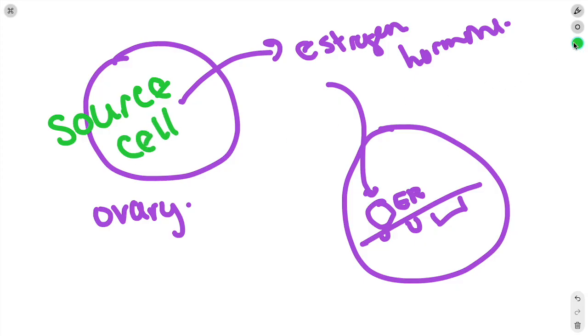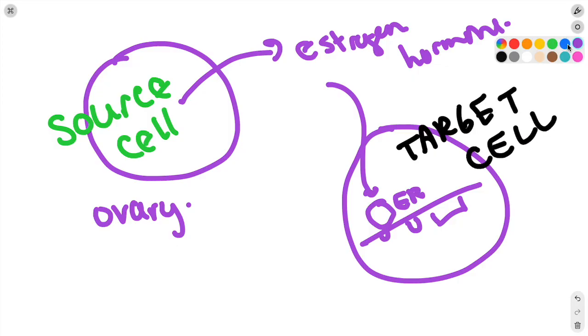And then this would be called a target cell. And the target cell is going to receive this signal and it's going to make a response to the signal, right? So the estrogen receptor is going to activate genes, okay? And the response is called the cellular response.